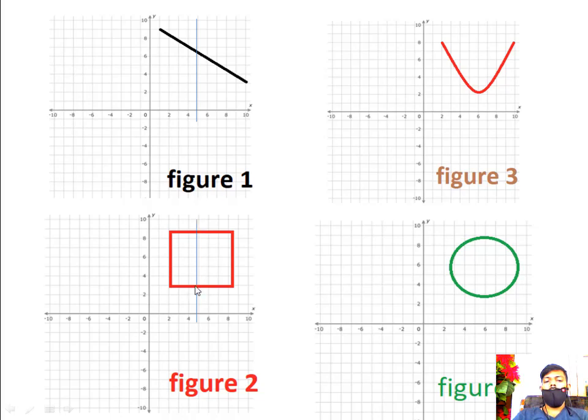Therefore, figure 2 is not a function. And in figure 3, if you draw a vertical line, you can see that it crosses the graph at exactly 1 point. Hence, it is a function. And in figure 4, the vertical line crosses the graph at exactly 2 points. Therefore, it is not a function.